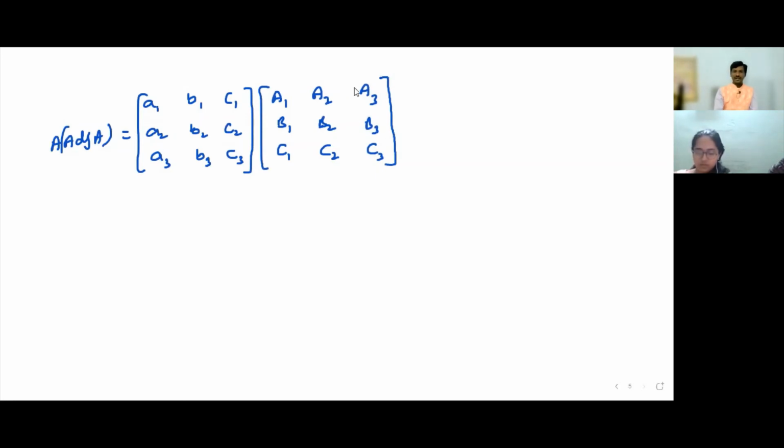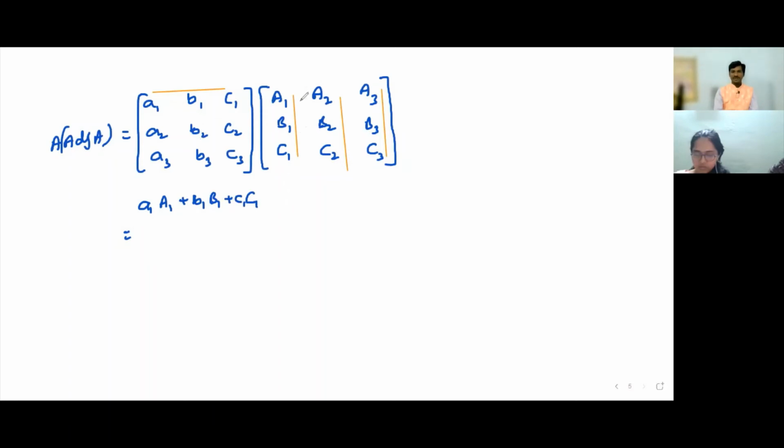Okay, so now multiplying. Here the first matrix rows we are multiplying with the second matrix columns. So that is nothing but small a1 into capital A1 plus small b1 into capital B1 plus small c1 into capital C1.